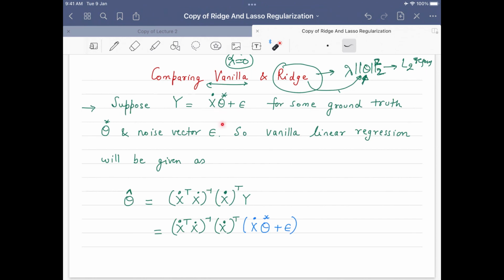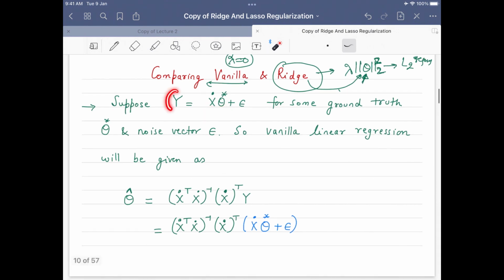We do not know this ground truth theta hat, but we want to estimate it, and let us say these values are theta star. To generate y, I am multiplying this data set with the ground truth value theta star, and I am adding noise to it.